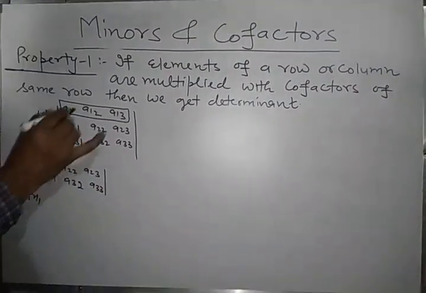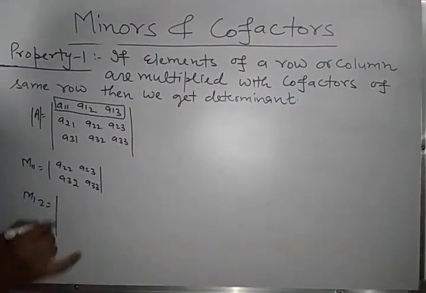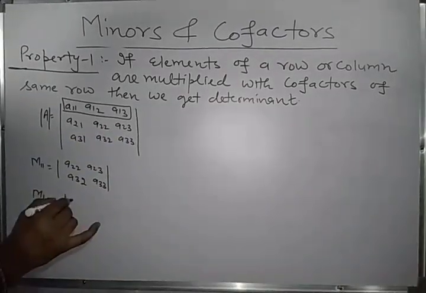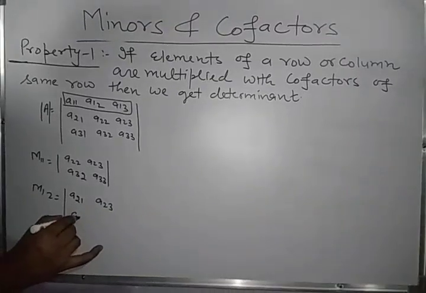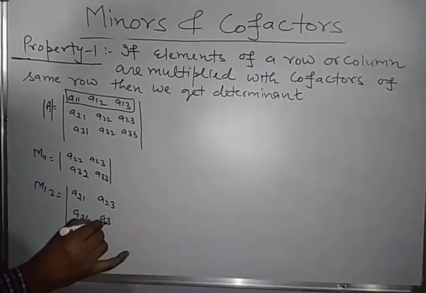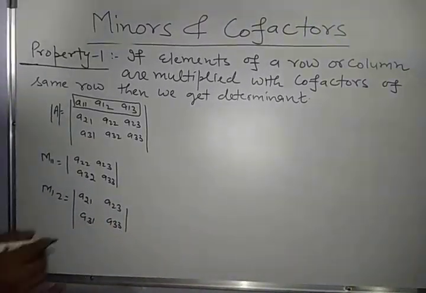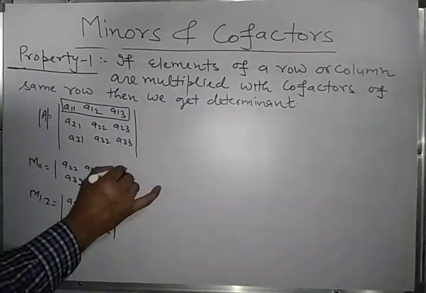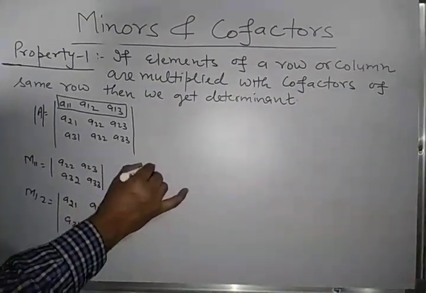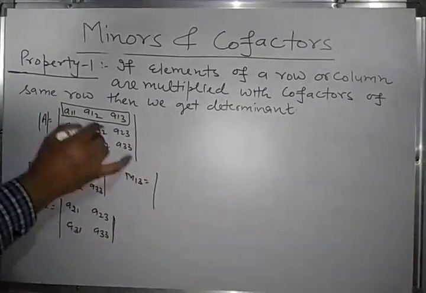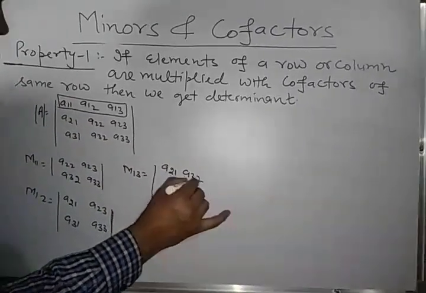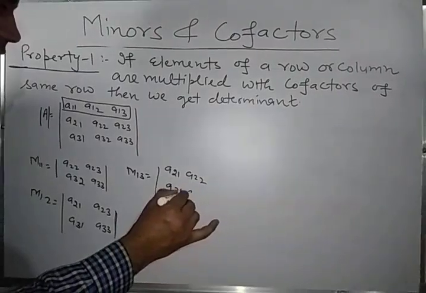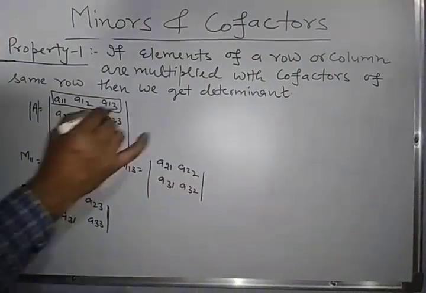The minor M12, leaving this row and this column, is A21, A23, A31 and A33, and the minor M13, deleting this column and this row, is A21, A22, A31 and A32.